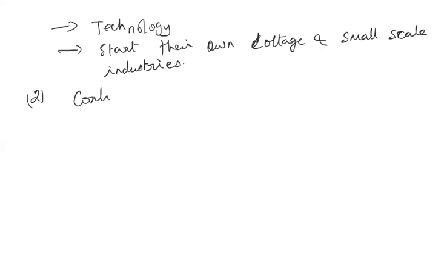Okay, then the second thing that has to be done, which is most important, is to control the growth rate of population. More and more initiatives should be taken, and the people residing in the rural area should be made to understand the problems of overpopulation. Whatever necessary steps are needed should be taken to reduce the growth rate of population in the rural areas.